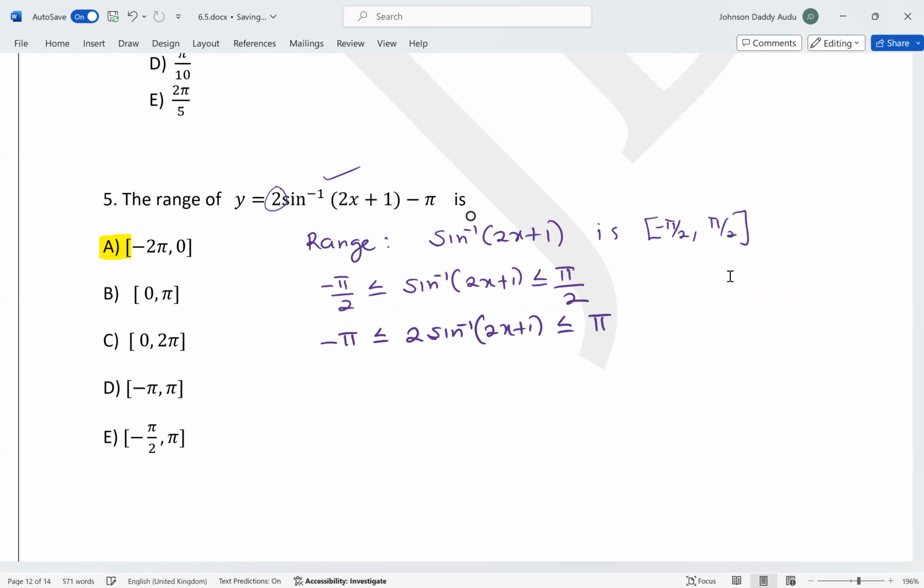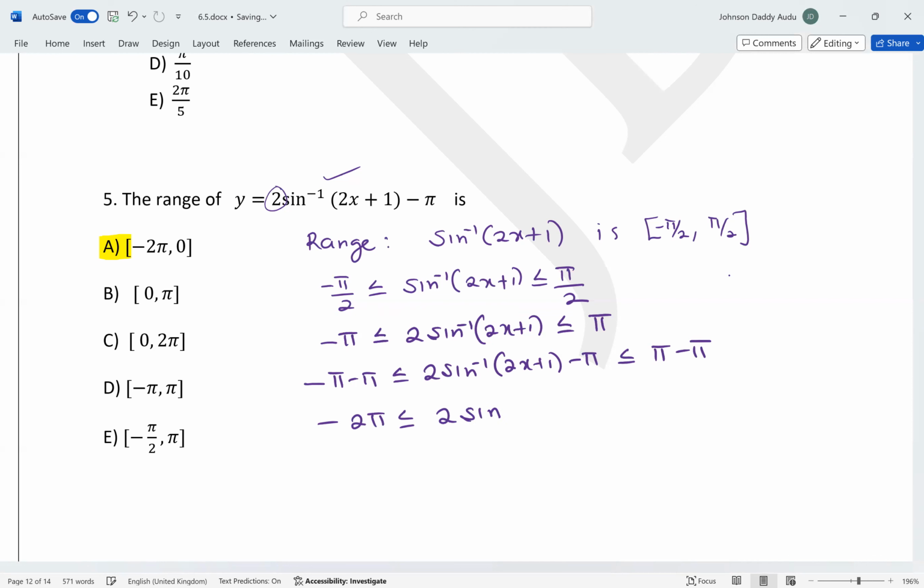And now you can subtract pi again from all the sides. So this becomes minus pi less than 2 sine inverse of 2x plus 1 minus pi less than or equal to pi minus pi. And this will become minus 2 pi is less than or equal to 2 sine inverse of 2x plus 1 minus pi.